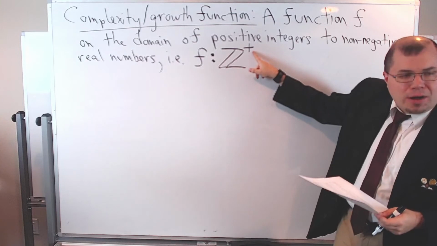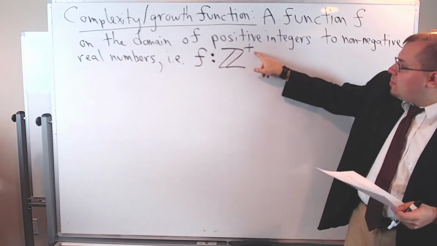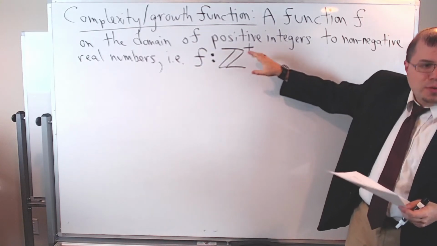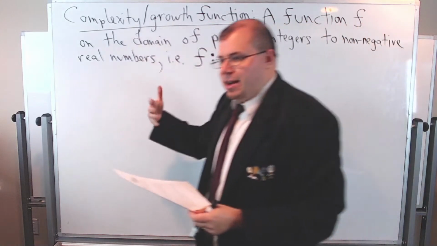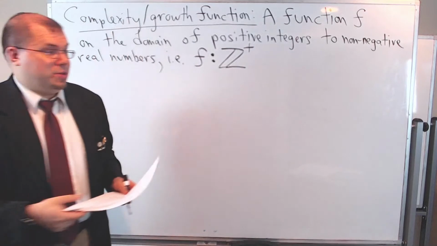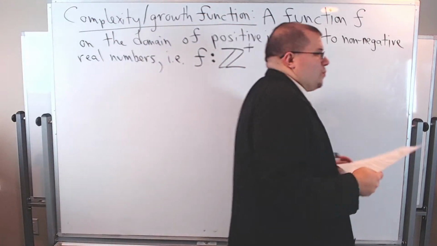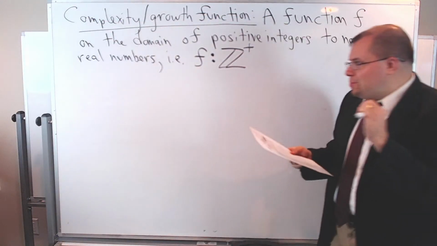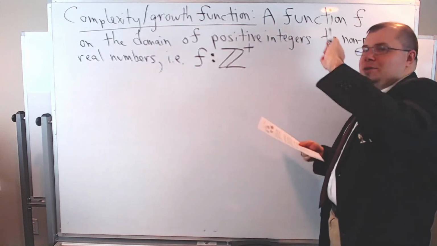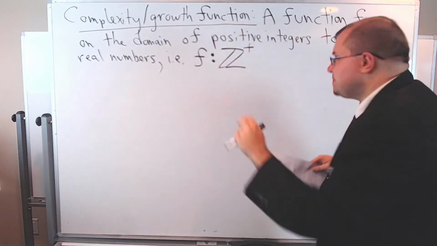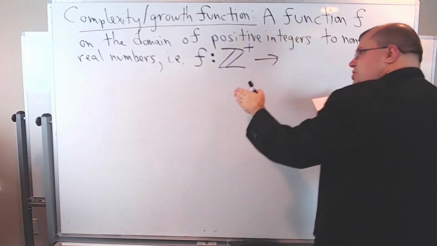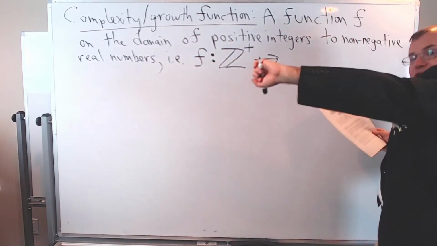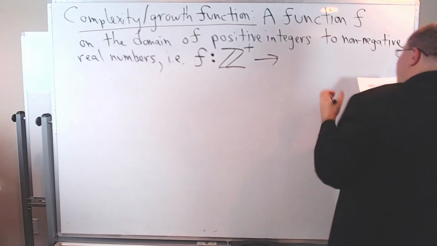But if I put a positive sign on the top, it means positive. So I'm talking about numbers like 1, 2, 3, 4, 5, 6, 7, 8, 9, 10. Your typical counting numbers. I'm not going to consider when the input is 0. I'm only going to consider when it's 1, 2, 3, or above. So I'm given some positive integer, and I'm going to get out of my machine some non-negative real number.